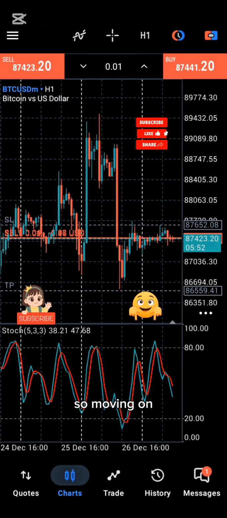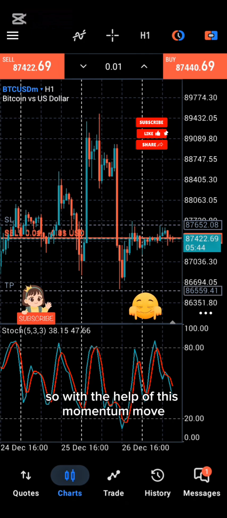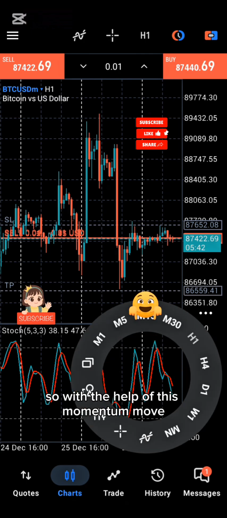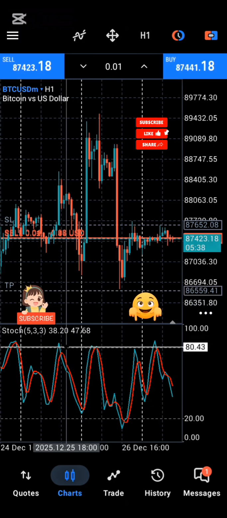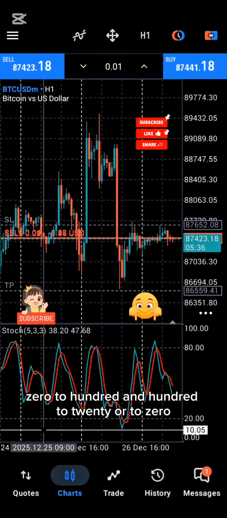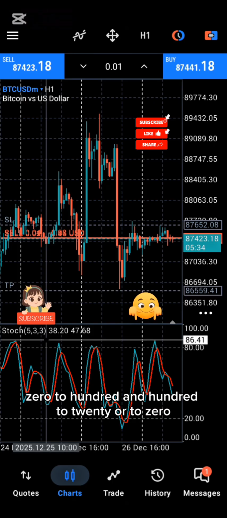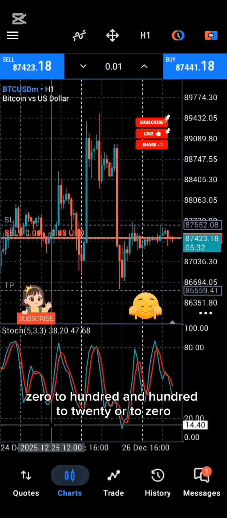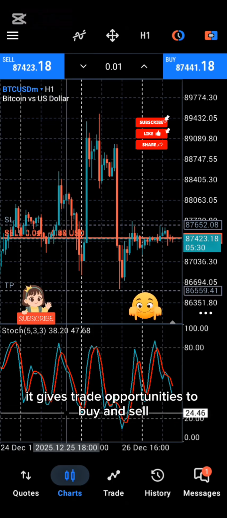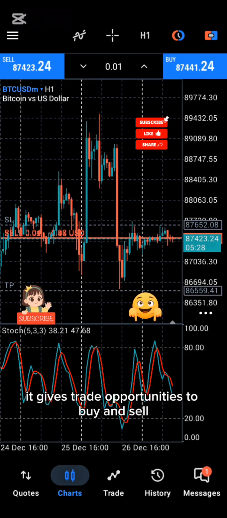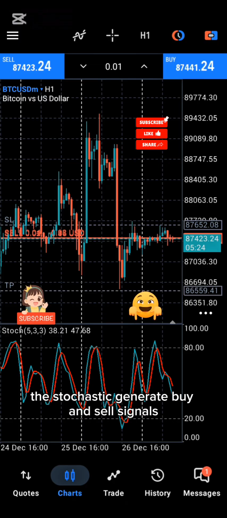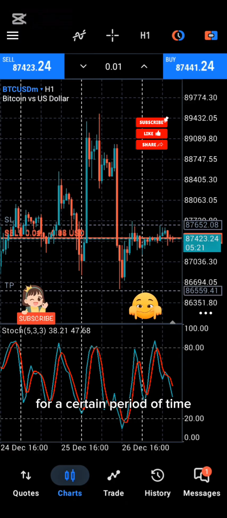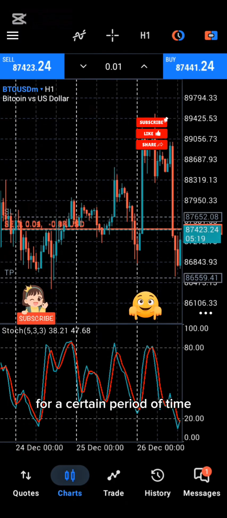So moving on, with the help of this momentum move from 0 to 100 and 100 to 20 or to 0, it gives traders opportunities to buy and sell. In other words, the stochastic generates buy and sell signals for a certain period of time.